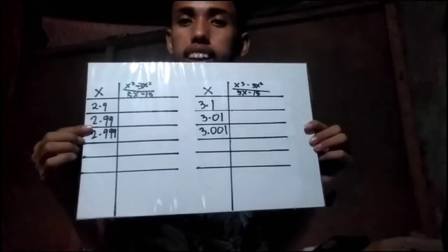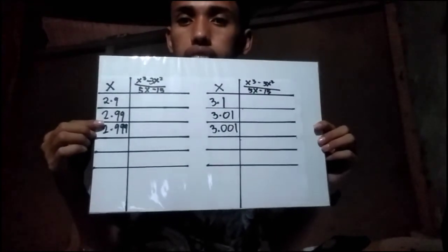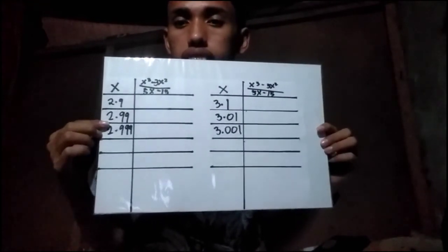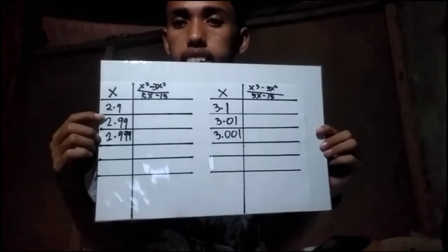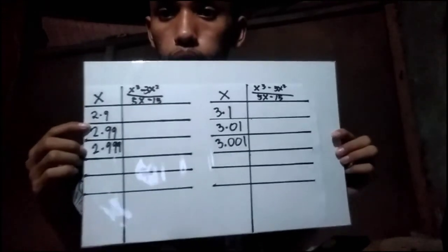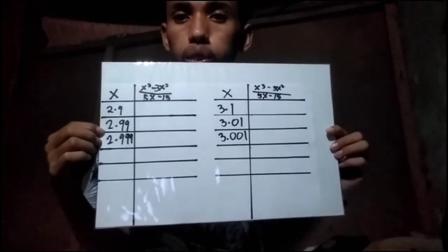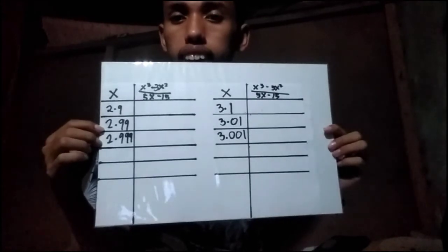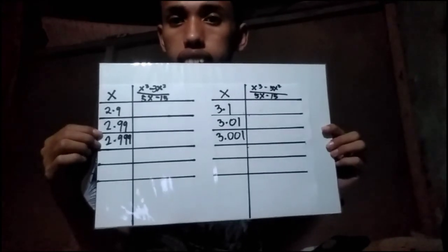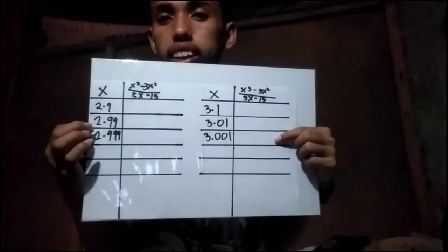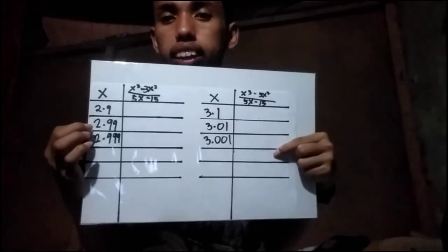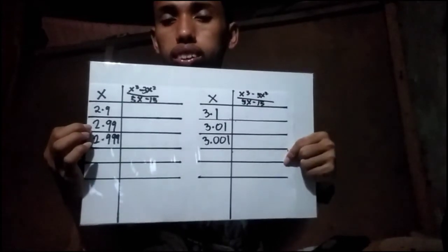Like this table. Now it's your turn to solve this. The values of x are 2.9, 2.99, and 2.999. And on this side, 3.1, 3.01, 3.001.